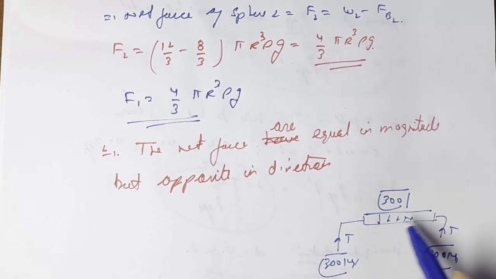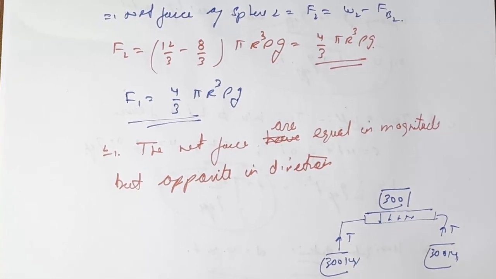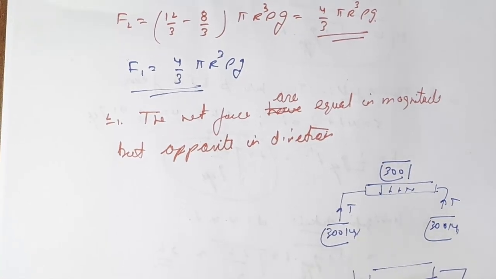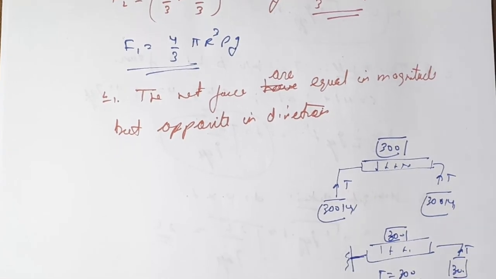So the spring is going to read 300, and in case we have a spring with a single weight of 300, anchored to the wall, then the spring balance is also going to read 300 once again. So from here also the value of tension T will be equal to 300. This is a quite easy example, we have studied it many times.